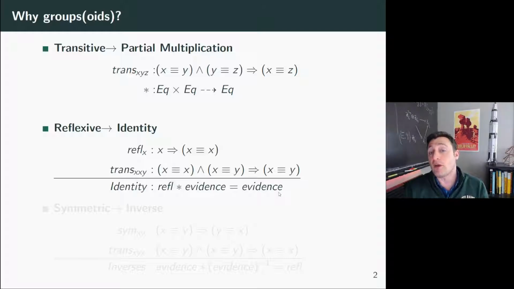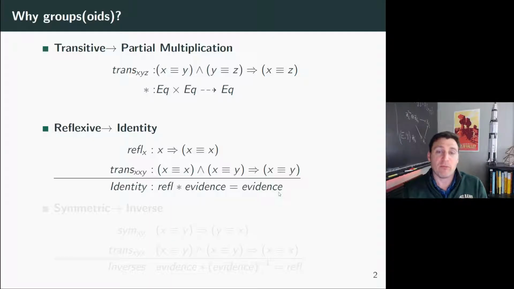And along with that, the other two axioms of an equivalence turn out to make what we know as a group. For example, here's the identity law given from the reflexivity. Reflexivity is that there's always a proof that x is transformable to itself. And if we put that into the transitive multiplication, we'd see that the reflexive law won't change the outcome of x equal to y. It just becomes x equal to y.